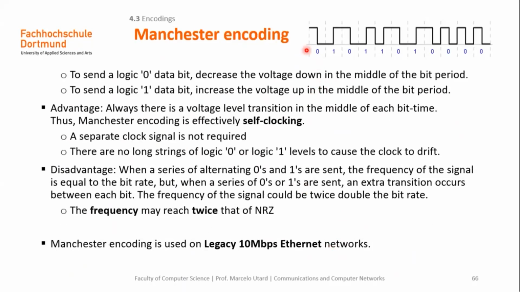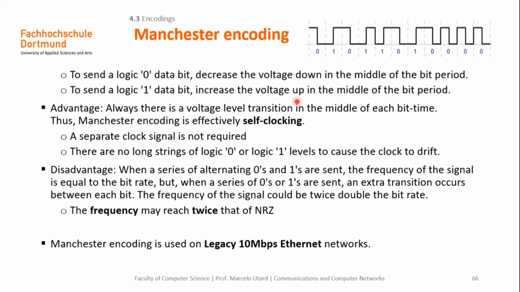In Manchester encoding, pay attention to this bit stream and the waveform of the digital signal. To send a logic 0 data bit, decrease the voltage down in the middle of the bit period. To send a logic 1 data bit, increase the voltage up in the middle of the bit period.